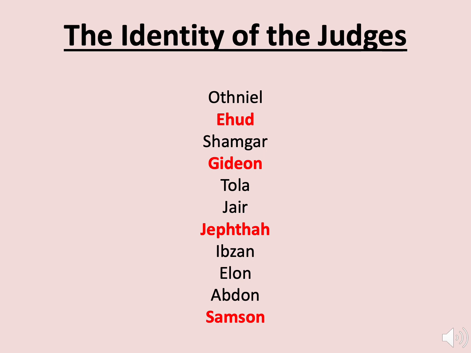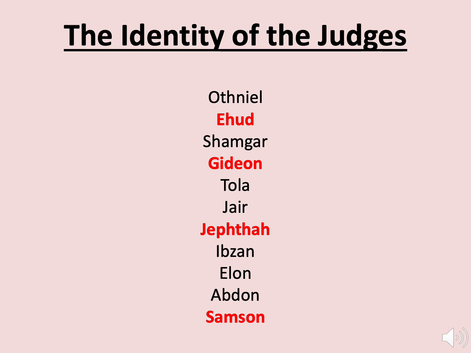It's not meant to highlight how significant their work was, or how insignificant their work was, or how insignificant of a tribe they came from. It's just simply meant to highlight the fact that certain judges of the 11 have more information given to them than others.